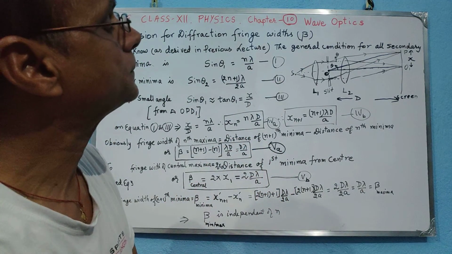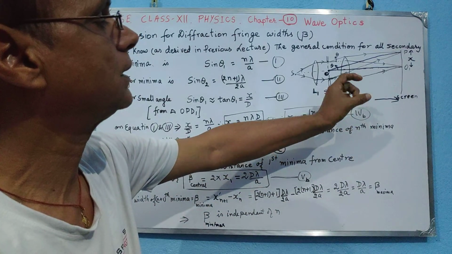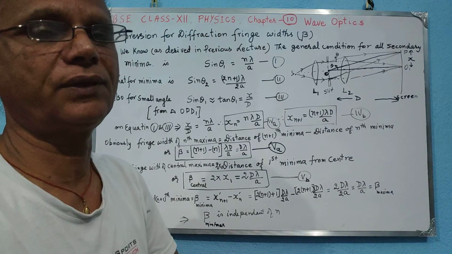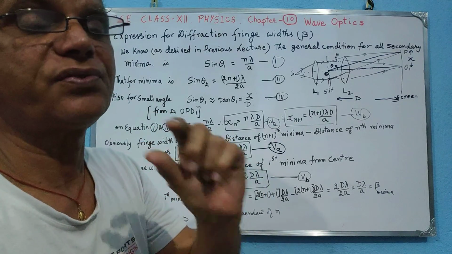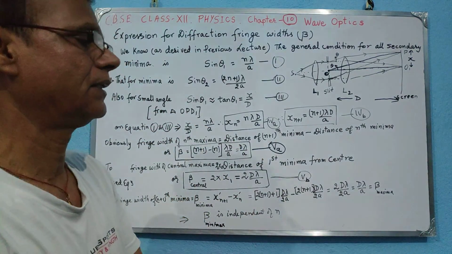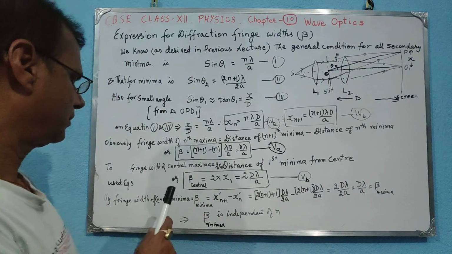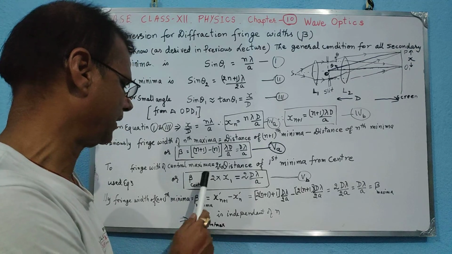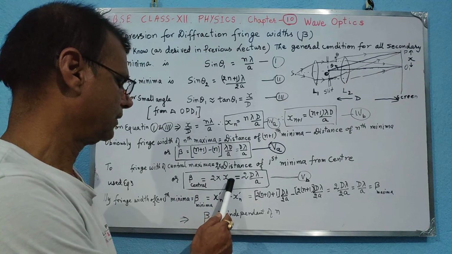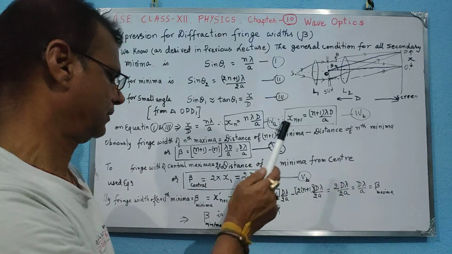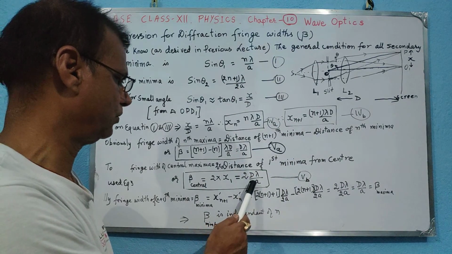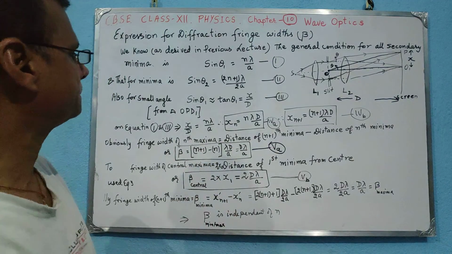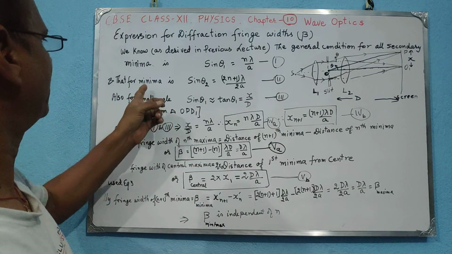So the total thickness of the central maxima must be equal to the distance of the first minima from the center times 2. So we have the thickness of the central maxima equal to twice the distance of the first minima from the center, and that we know is d lambda by a.